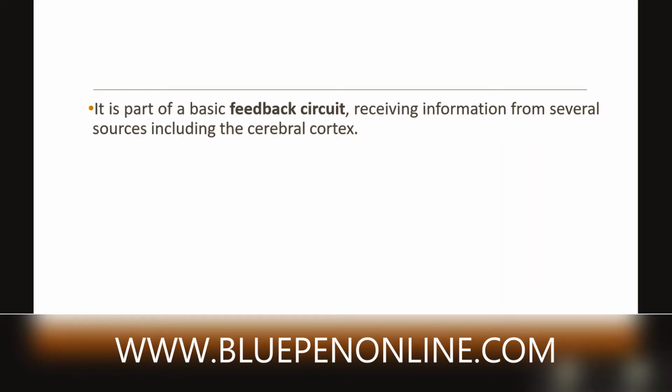So basically, the basal ganglia receives information from the motor cortex, either from the primary motor area or from the premotor or supplementary motor areas.